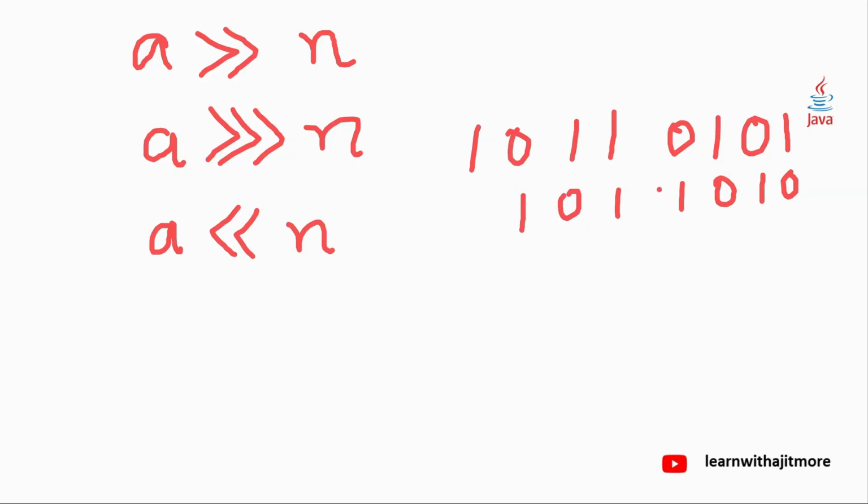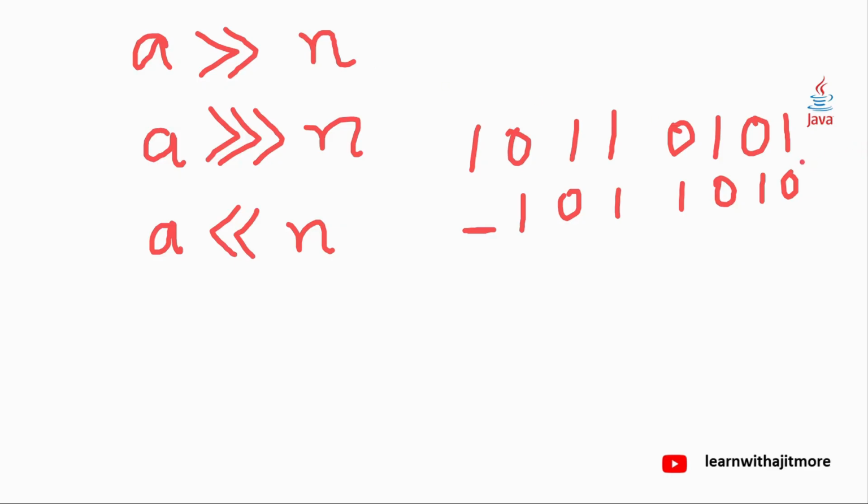All are shifted by one bit. Now the question is, what will come at this new MSB, the most significant bit? When you are using two greater than, the old sign bit is preserved. If your old sign bit is 1, 1 will be preserved. If the old sign bit is 0, 0 will be preserved. Therefore, this is called sign fill right shift.